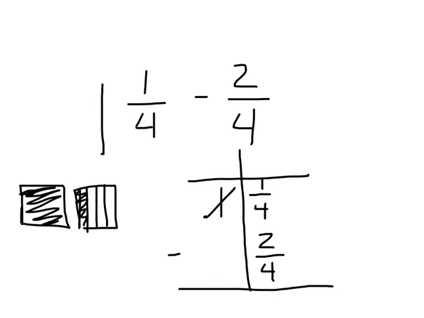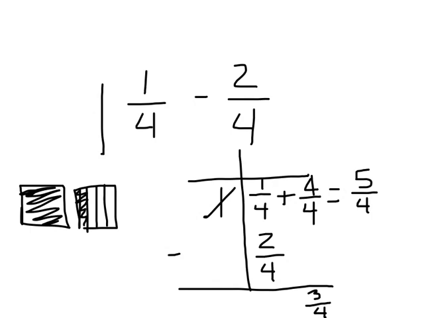When I borrow from 1, how many fourths will I need to add to my 1/4? I'll need to add 4 fourths, because 4 fourths is equal to 1. I now have no wholes, and I have 5 fourths. What's 5 fourths minus 2 fourths? It's 3 fourths.